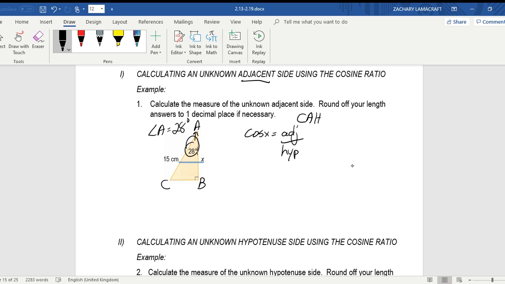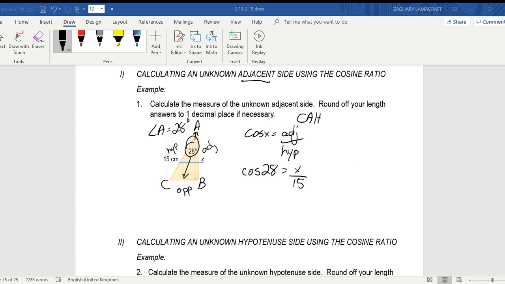So if we look at the side over here, it is our opposite, we know that this is our hypotenuse, and we know that this x is our adjacent. So we can start to put in some of the information that we have. So it would be cos 28 is equal to the adjacent side, which we don't know, divided by the hypotenuse, which we do.